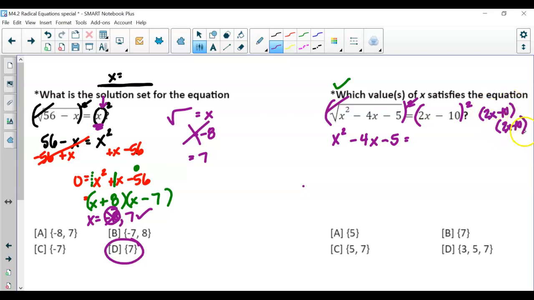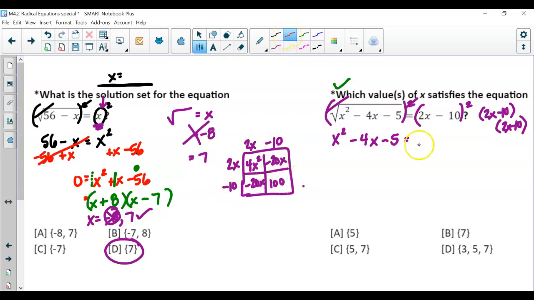So you do need to do box method here, or FOIL, right? 2x minus 10 times itself. So here you get 4x squared, negative 20x, negative 20x, negative times a negative, positive 100.